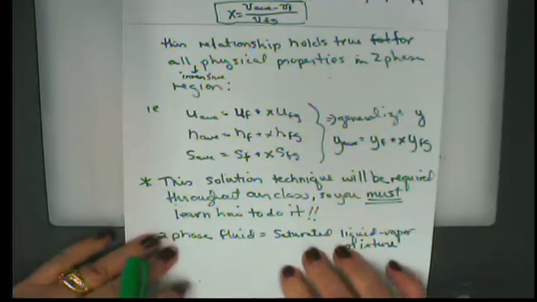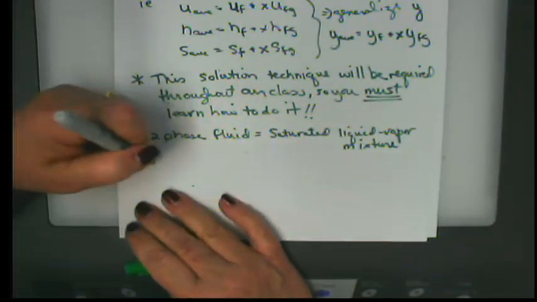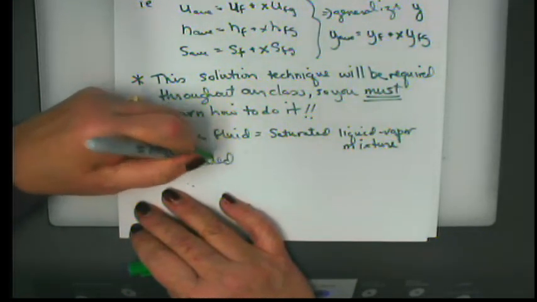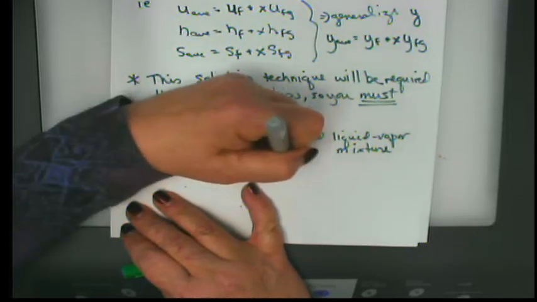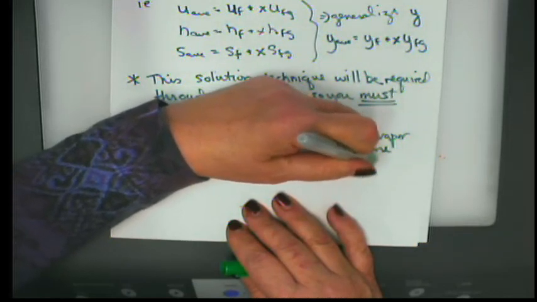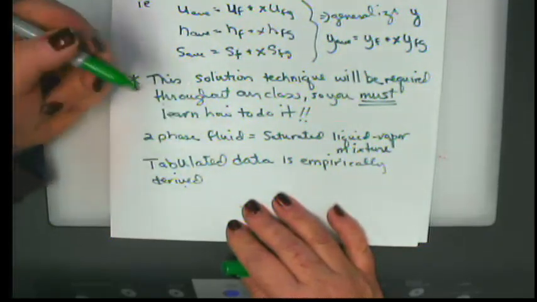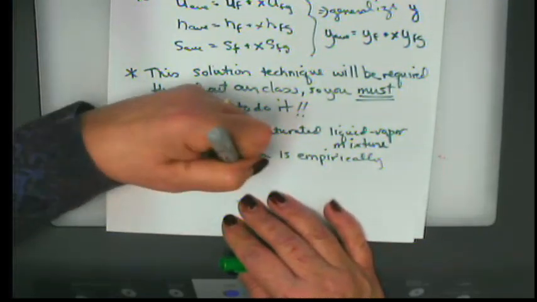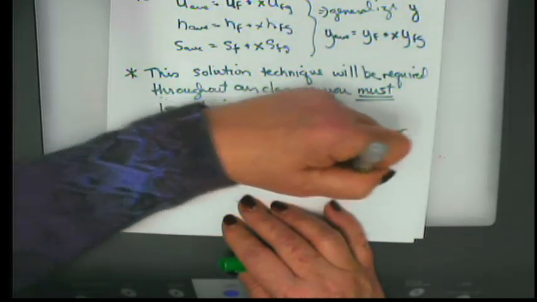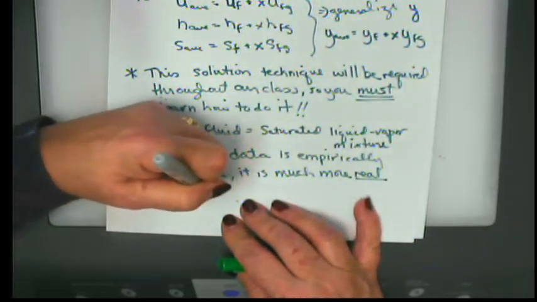Oh, there's one other thing I want to put on the notes. Tabulated data is empirically derived. Does anyone know what that means? No? Okay. What that means is it is much more real, or closer to real, than values from equations.